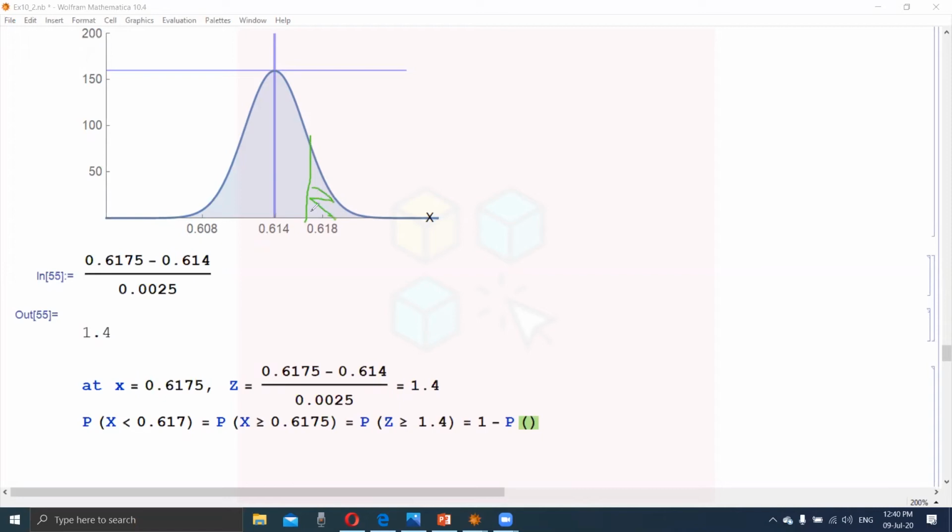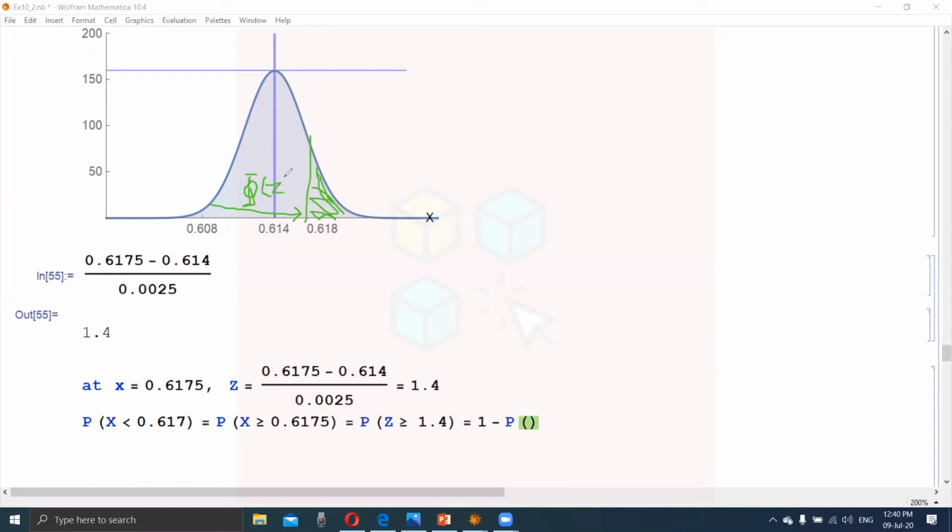By the theorem, this is the table value, denoted by capital phi of z, which is available from minus infinity to that point. In our case, the point is 1.4.